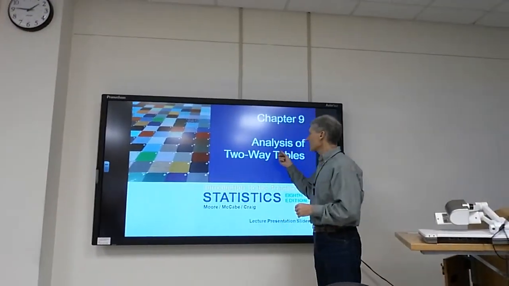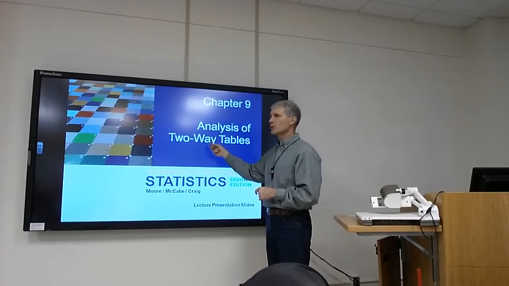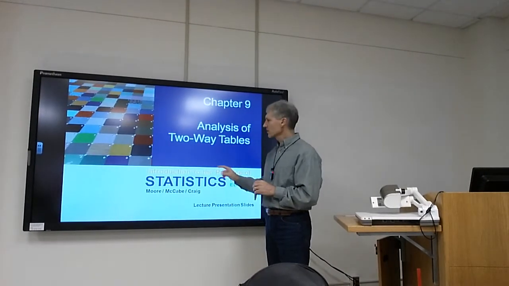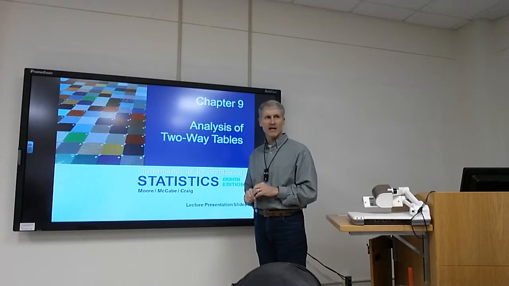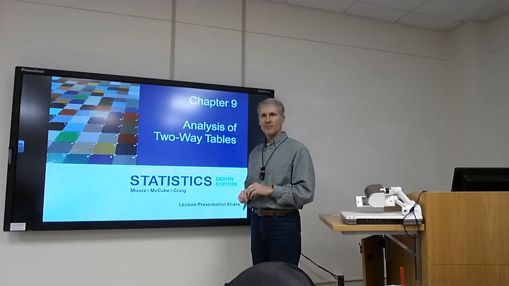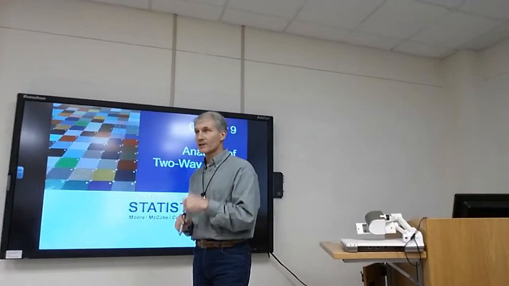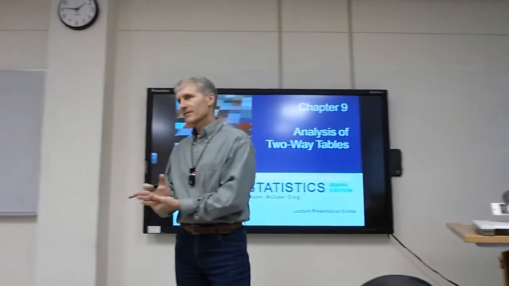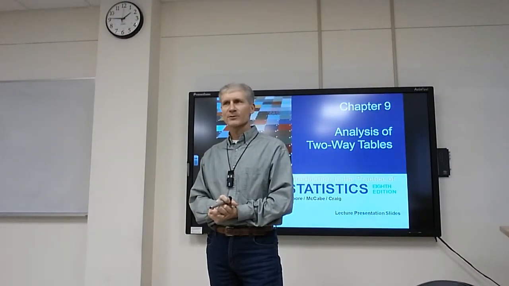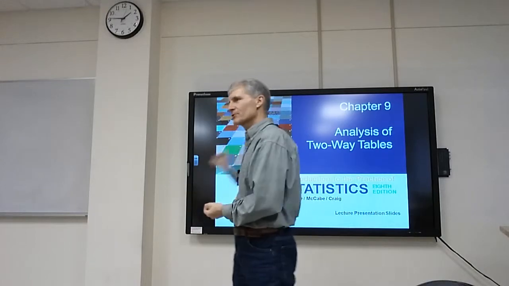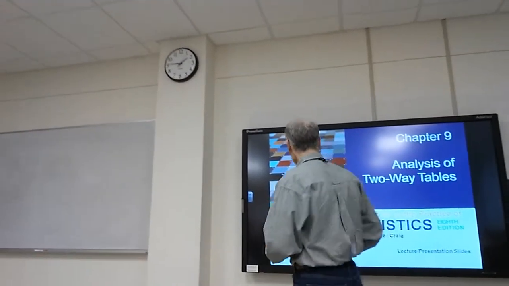But what chapter 9 is about is analysis of two-way tables. That's a little bit different terminology than what you probably had out of the MA340 book, but you did learn this in MA340, at least in my MA340: contingency tables. Remember those? Also called a two-way table.